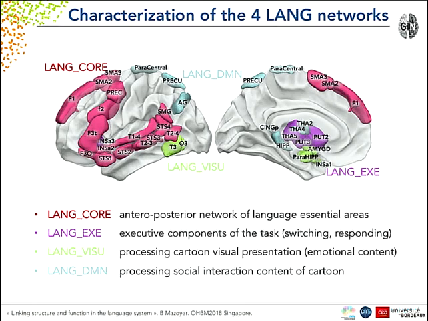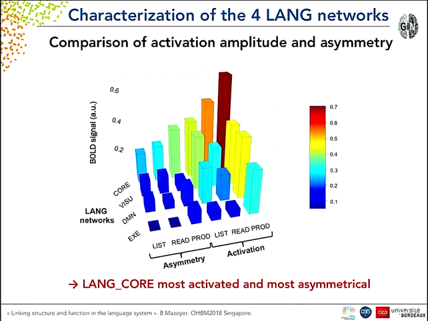The second thing you can do is quantitative analysis. Here is an analysis of how the different networks, which are core, visual, DMN, and executive, progress in terms of both signal variation, in activation and asymmetry. And one thing that is clear from this picture is that it's the core network of language, this network of frontal and temporal areas, that actually captures most of the activation and the asymmetry.